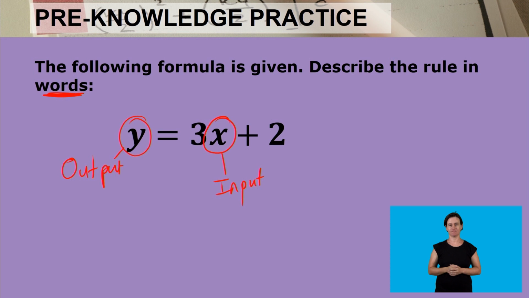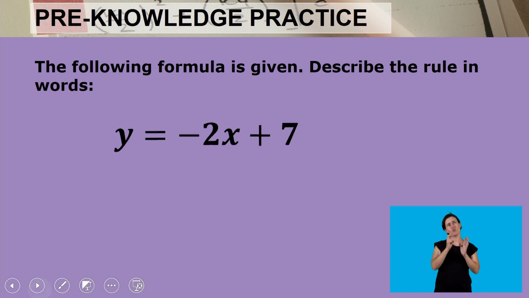So how would we describe this rule in words? Well, we can say that to get the output, we multiply the input by 3, and then to that product, we add 2. And that is us describing this rule in words.